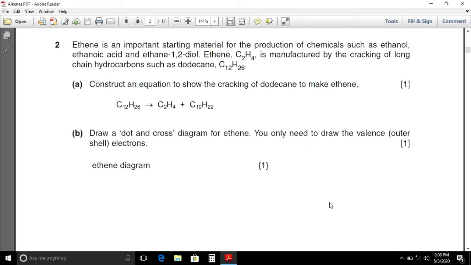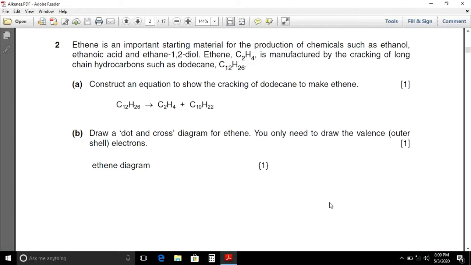Question 2. Ethene is an important starting material for the production of chemicals such as ethanol, ethanoic acid, and ethane-1,2-diol. Ethene, C2H4, is manufactured by the cracking of long chain hydrocarbons such as dodecane, C12H26.